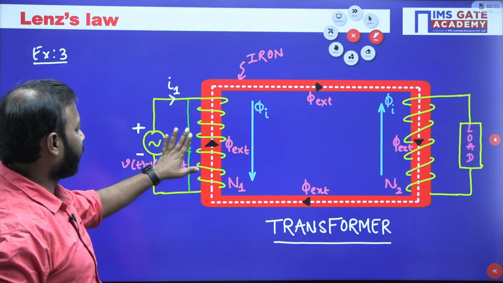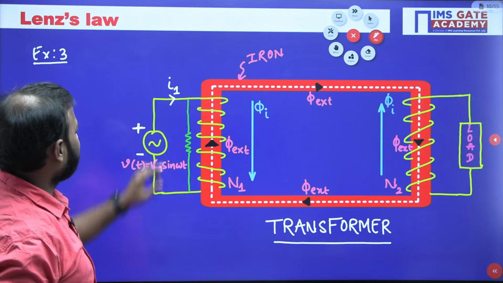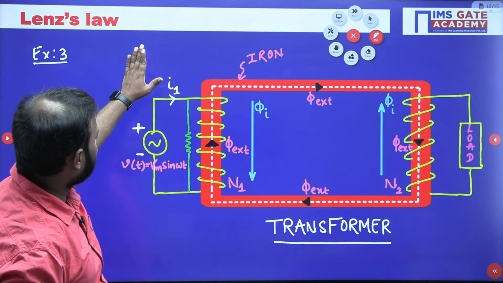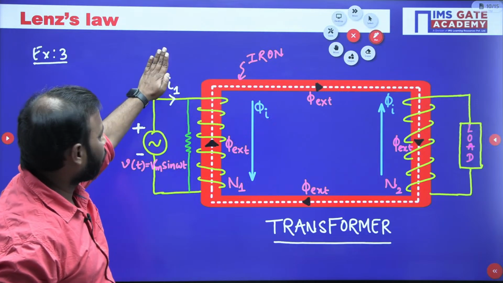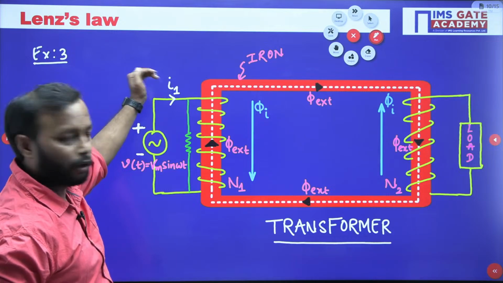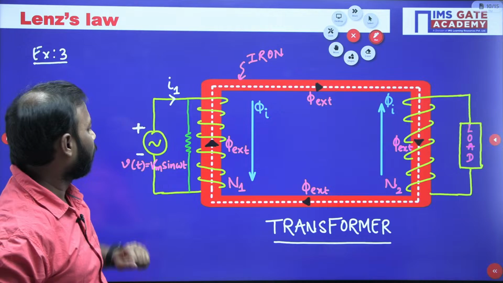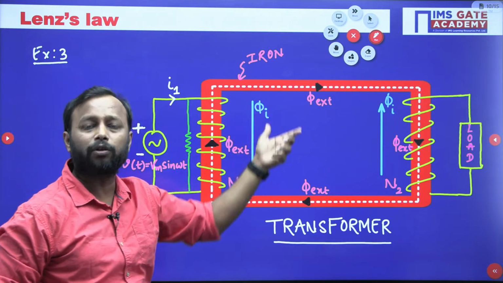This is your fictitious resistance. Done. Now see, please do not see phi I here, like I1 here, because this is from the source current. Okay, this is from the source side. But this phi induced is because of the induced current.